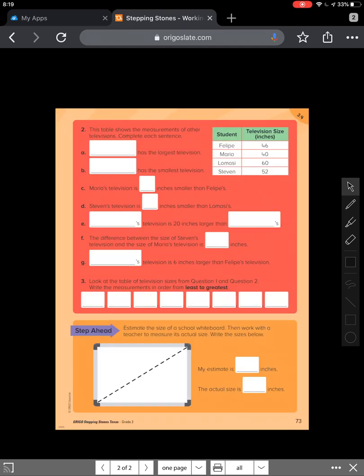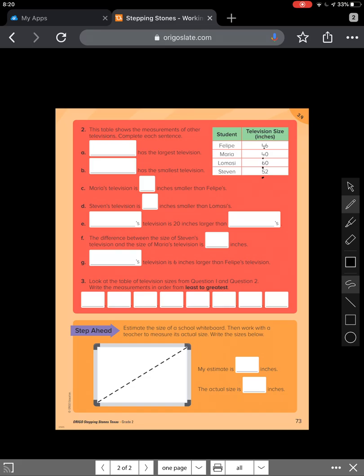So it says, this table shows the measurements of other televisions. Complete each sentence. A, blank has the largest television. So we're going to look in our tens place first over here using this chart that says student and television size in inches. So I'm going to start with Felipe. It has a 4 in the tens place, a 4, a 6, and a 5.